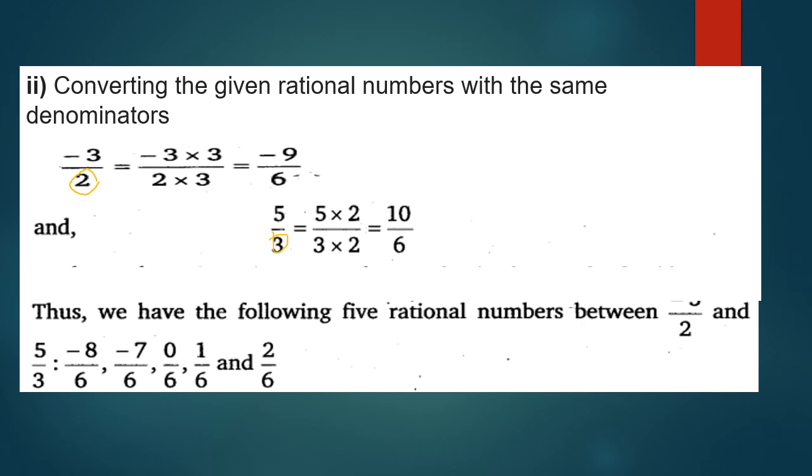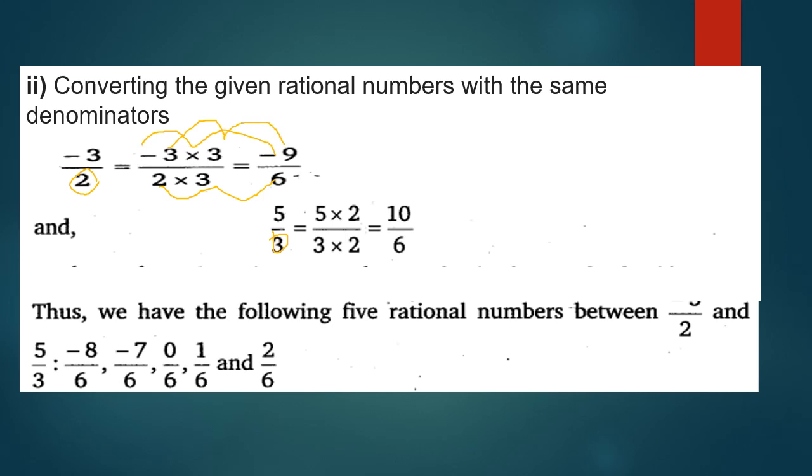So first let us equalize these denominators. So minus 3 by 2, we can multiply both the numerator and denominator with 3. So 3 2s are 6 and 2 3s are 6, minus into plus minus, then 3 3s are 9.